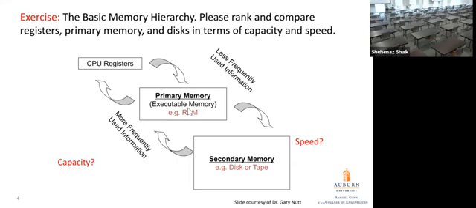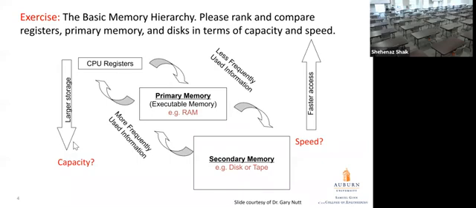So as we move farther and farther from the processor, the processor should be able to access larger and larger amounts of storage capacity, but of course at the expense of larger and larger delays.